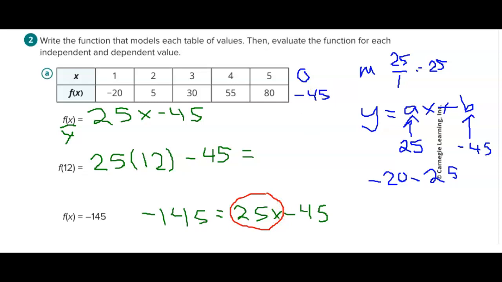Our first step is to get the 25x by itself. So we're going to do the opposite of minus 45, which is plus 45. And remember that whatever you do on the right-hand side of the equal sign, you have to do on the left-hand side as well. You always have to keep it balanced.